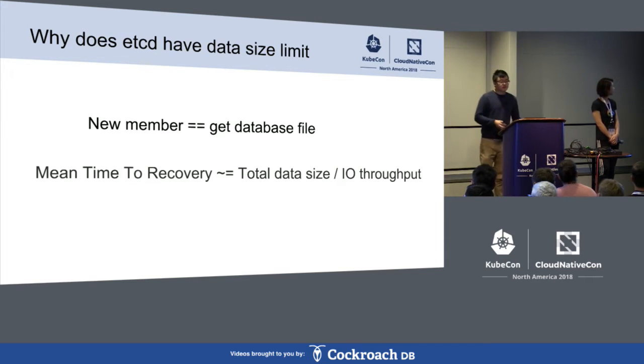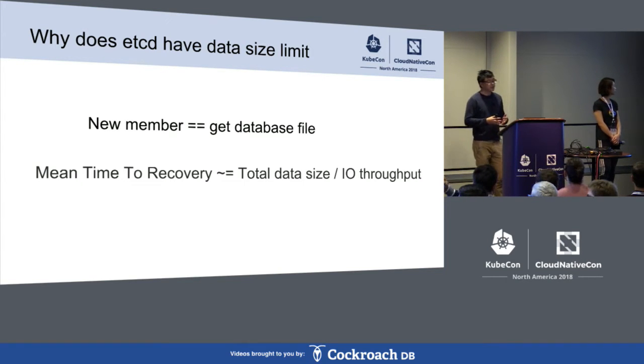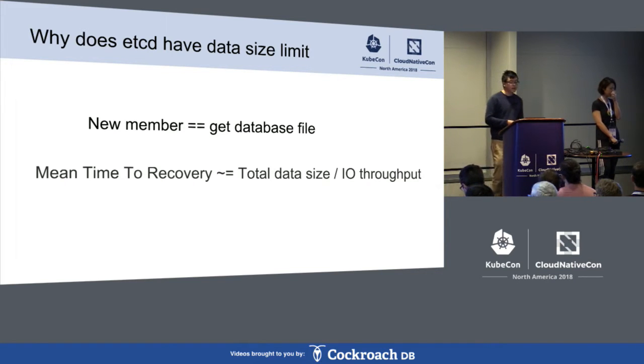So the next commonly asked question is, why does etcd have a dataset limit? As I just mentioned, when a new member joins the cluster, it needs to get the entire database file. If the database file is very large, it will take a long time to download and to open the file. In etcd, what we really care about is the mean time to recover.